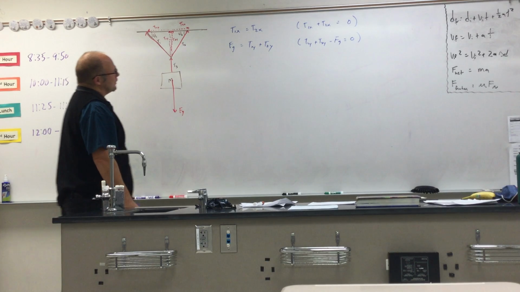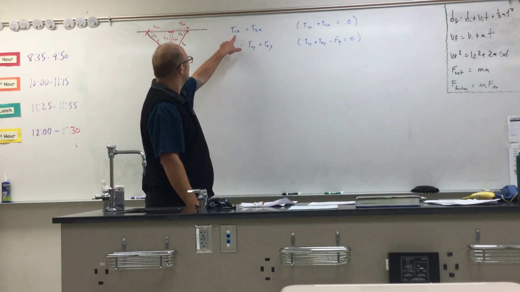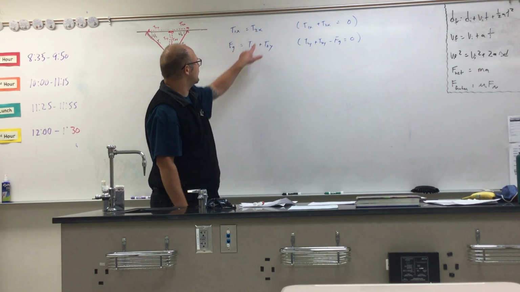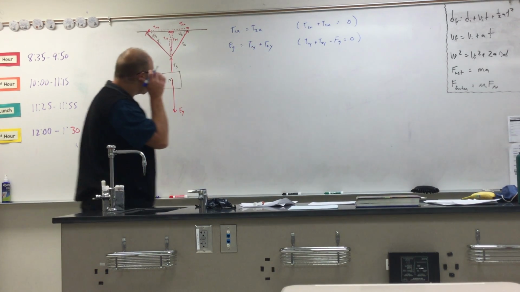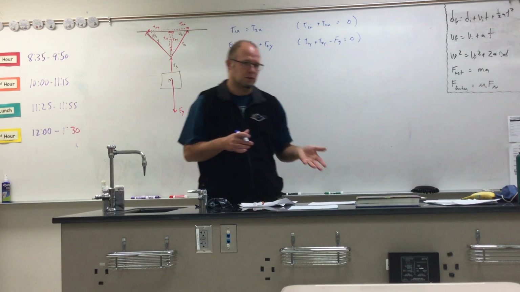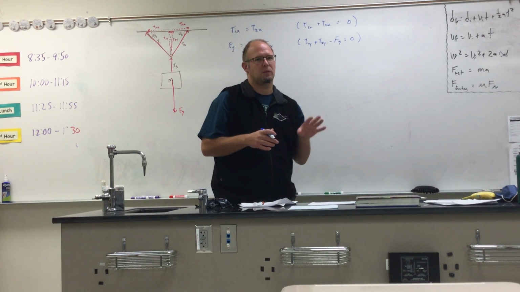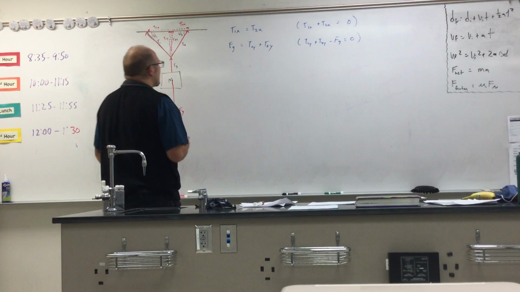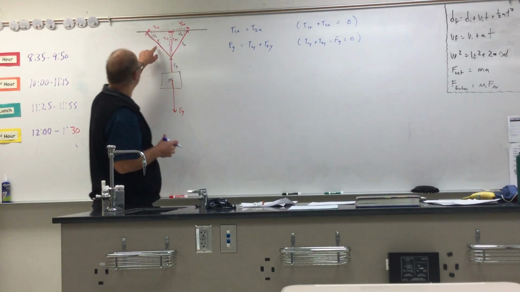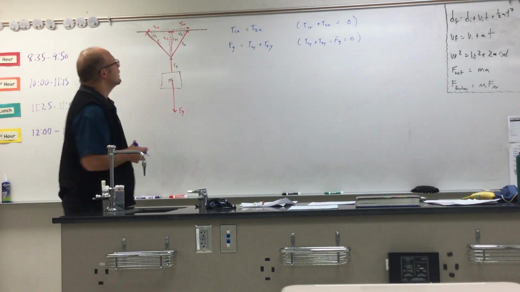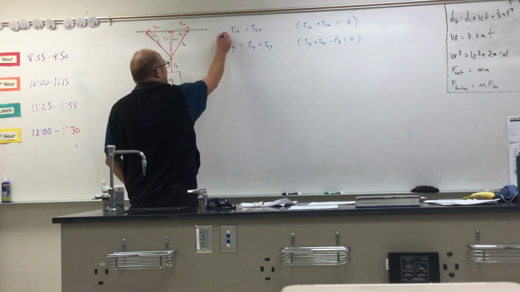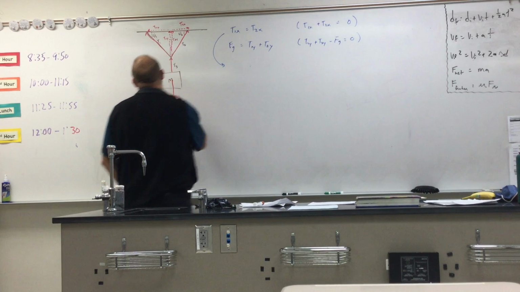If you look here, we have two equations and four unknowns: T1x, T2x, T1y, T2y. If we could get to two equations and two unknowns, then we'd be in business, because then we could just do a substitution. Remember, we're trying to solve for T1 and T2 anyways, not the x's and y's. Let's take a look at this term.